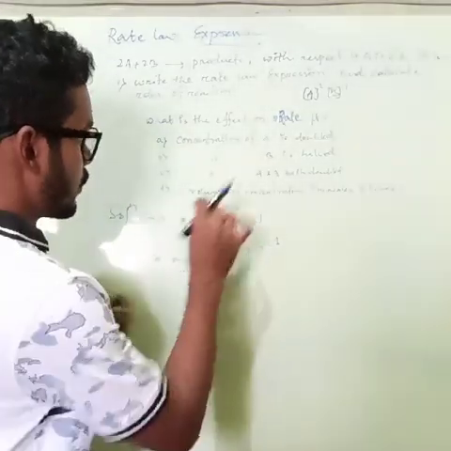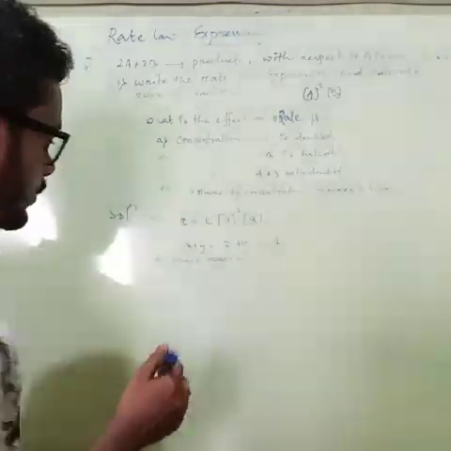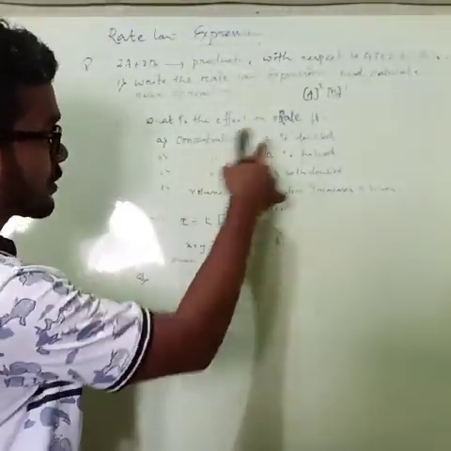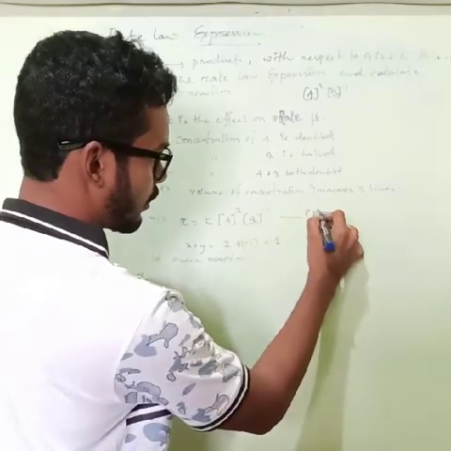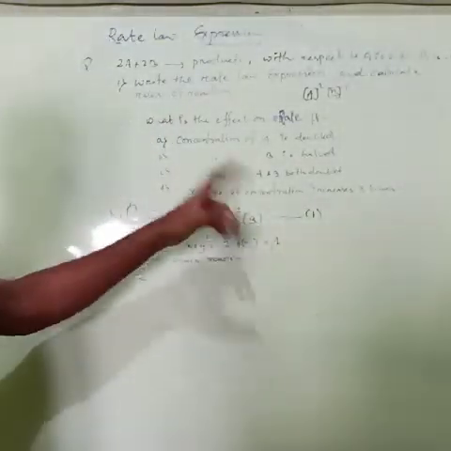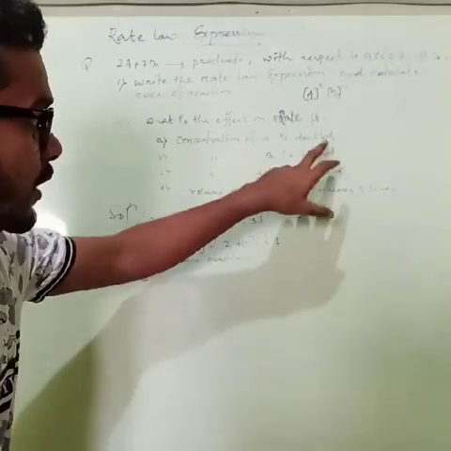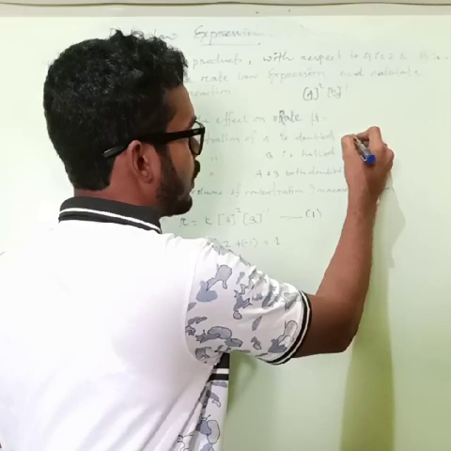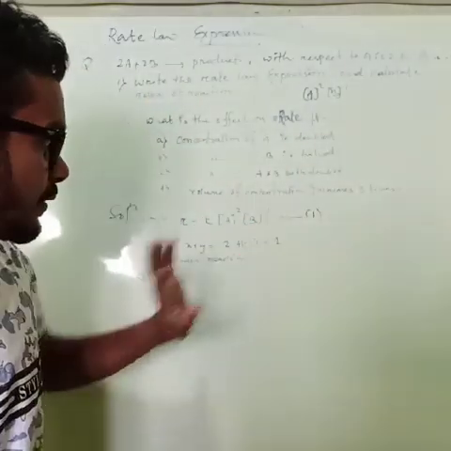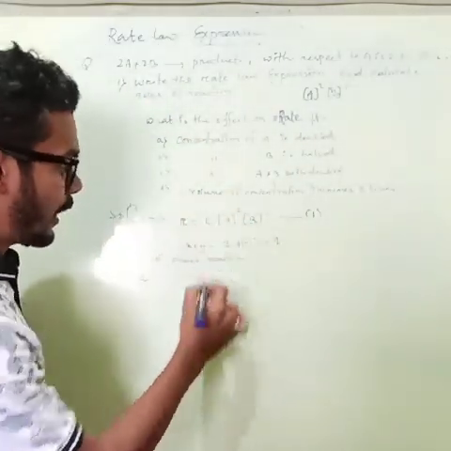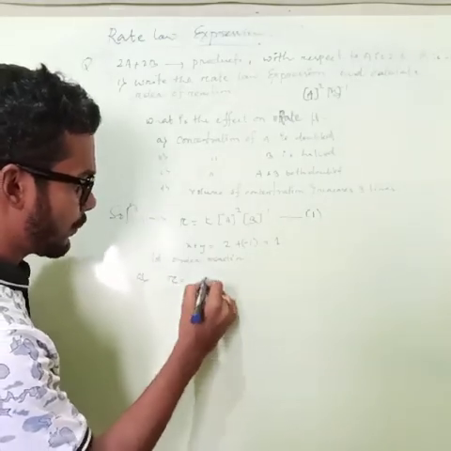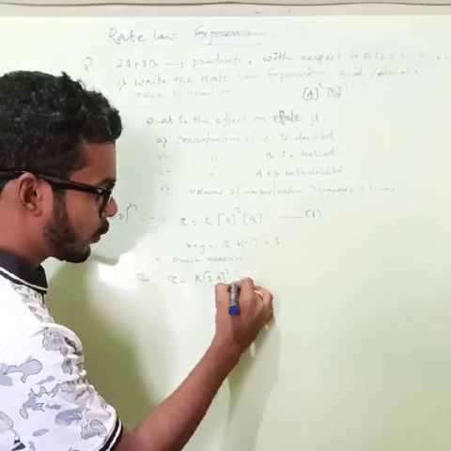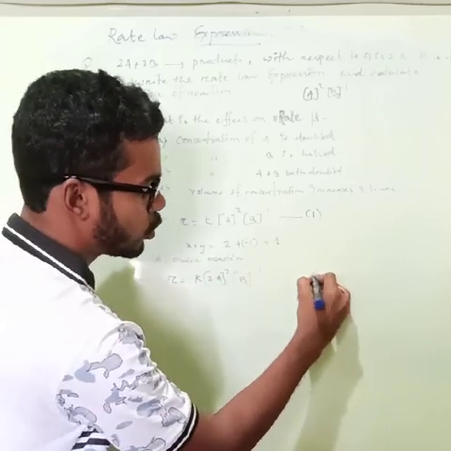This is equation 1. B is fixed, whatever it is given. A is doubled, which means you don't have to change B. So the concentration of A is doubled, that means R equals k into 2A to the power 2 and B to the power minus 1. This is equation 2.